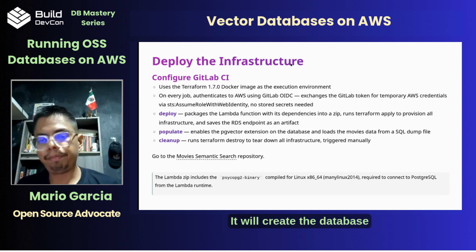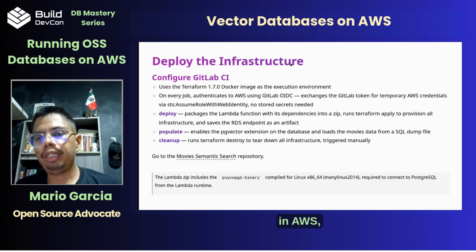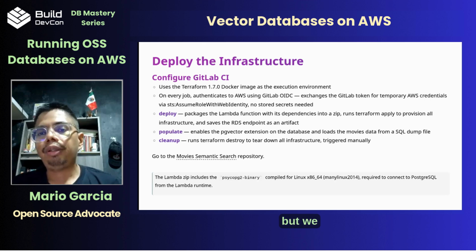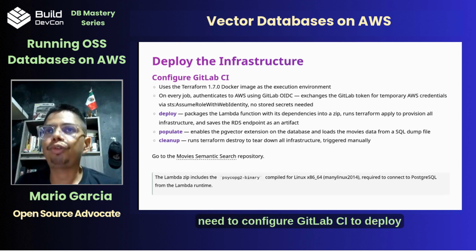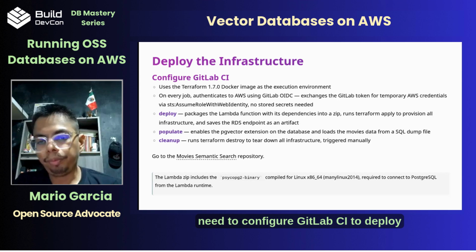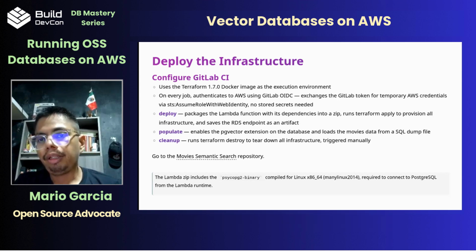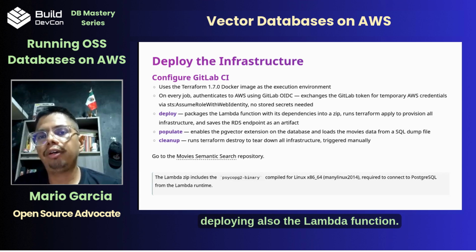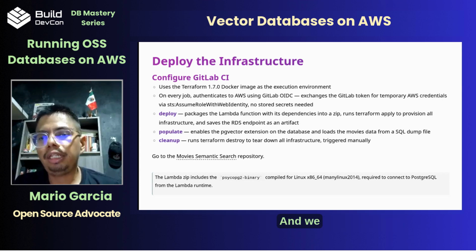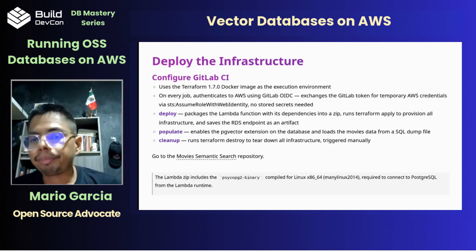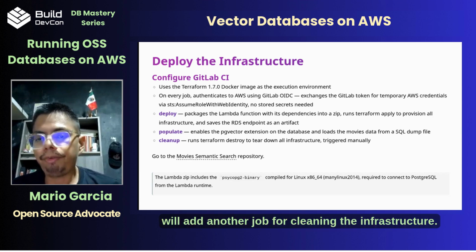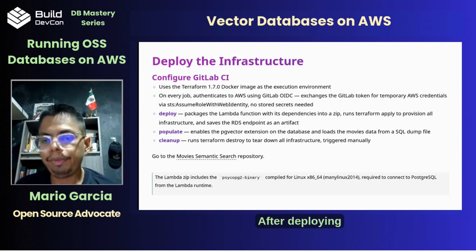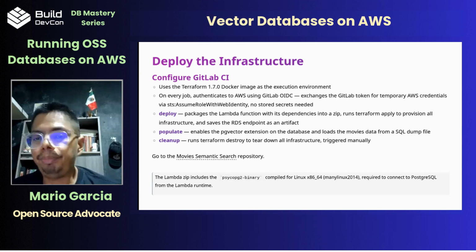Now we have all the necessary files for deploying the infrastructure. It will create the database in AWS, but we need to configure GitLab CI to deploy the infrastructure, but also load the data into the database, deploying also the Lambda function, and we will add another job for cleaning the infrastructure after deploying it.